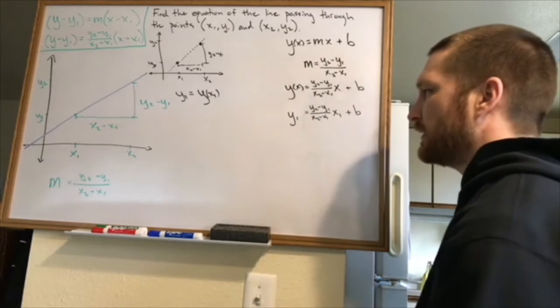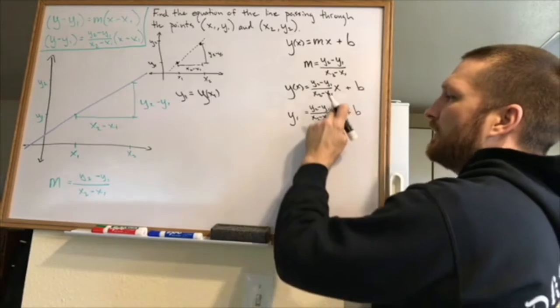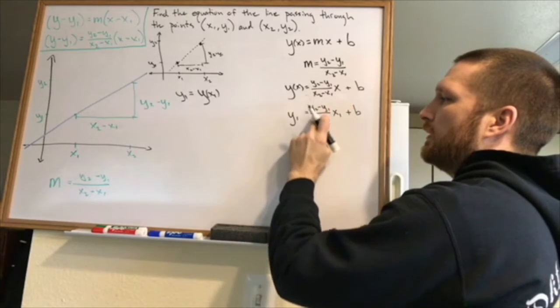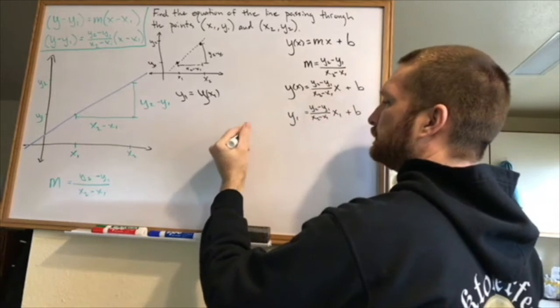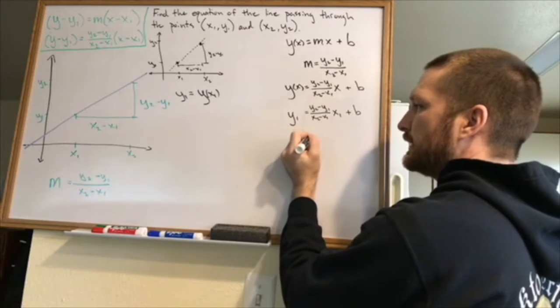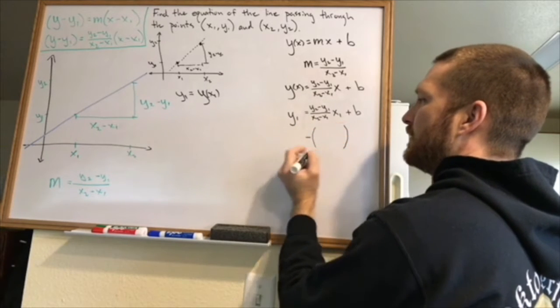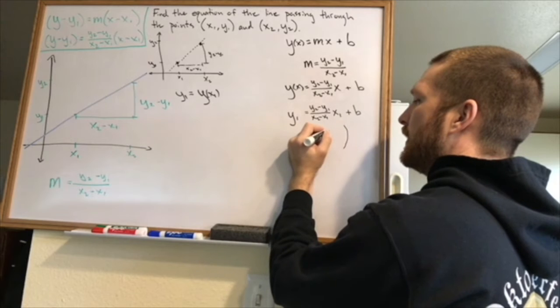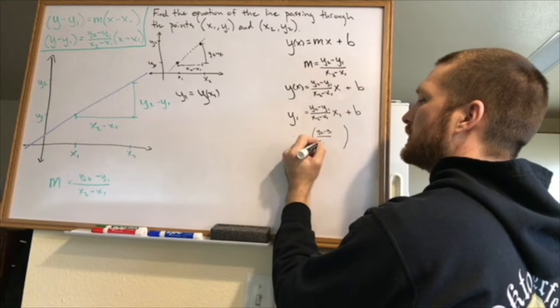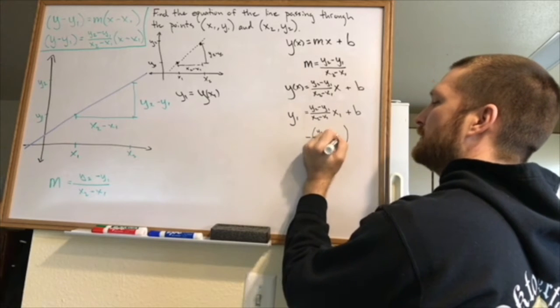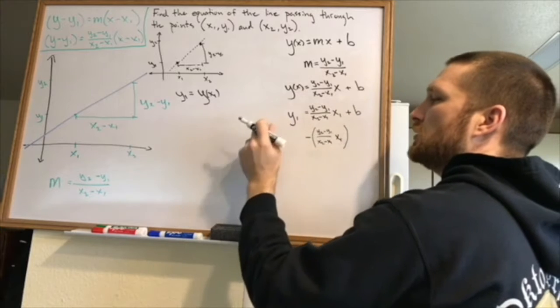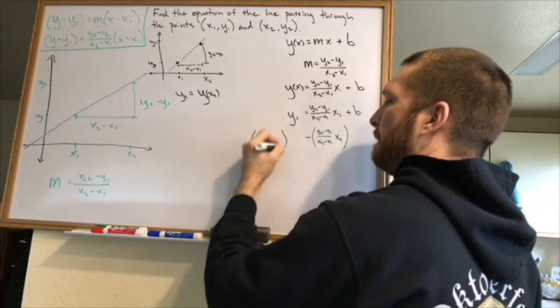Okay, in other words, I want B by itself. I'll subtract whatever number that is and get it over here. So explicitly, minus that value from this side: Y2 minus Y1 over X2 minus X1 times X1. Do the same thing over here.